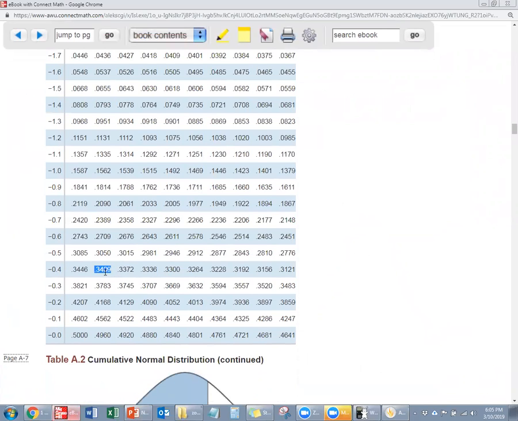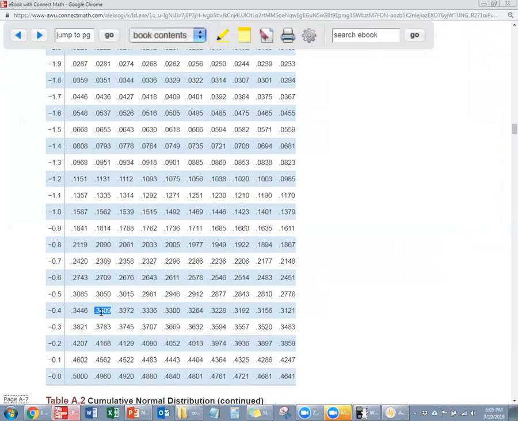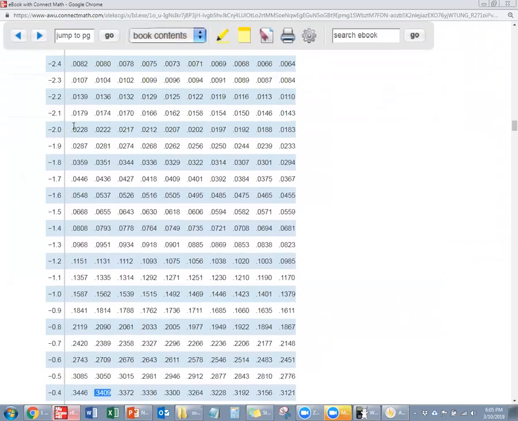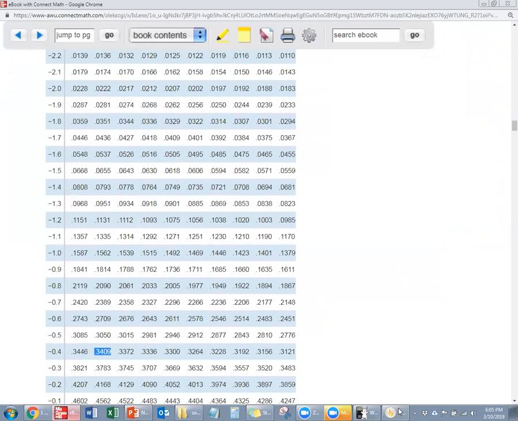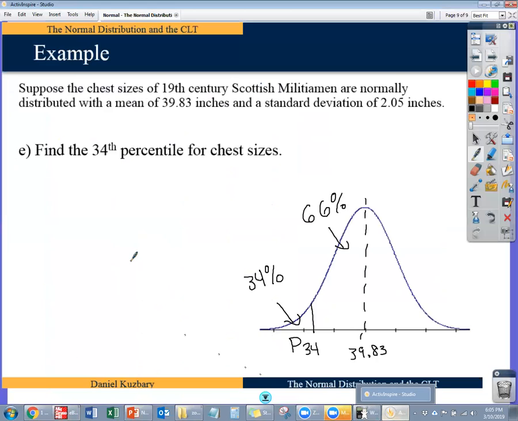So this is closer. So we'll do 0.3409. We'll do negative 0.41. Yeah. Negative 0.41 is going to be our 34th percentile for standard normal.